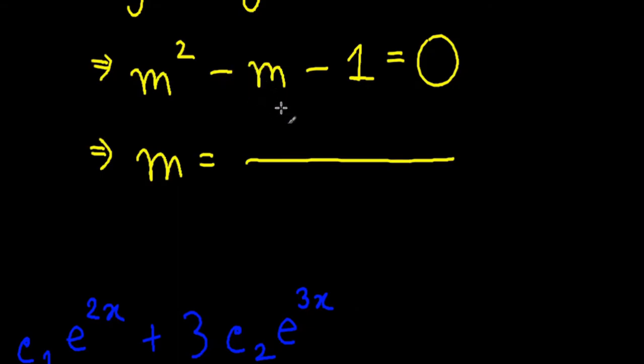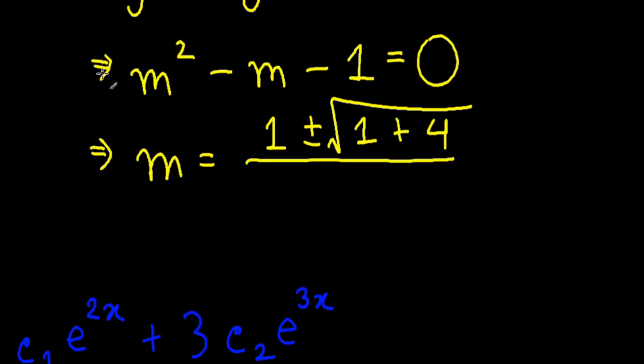Negative b, negative of negative 1, that's 1, plus or minus the square root of b squared, so negative 1 squared, that's just 1, minus 4 times 1 times minus 1, so that's plus 4, right? Divided by 2 multiplied by 1.